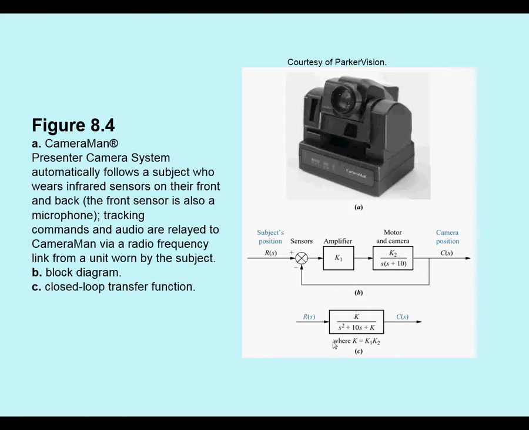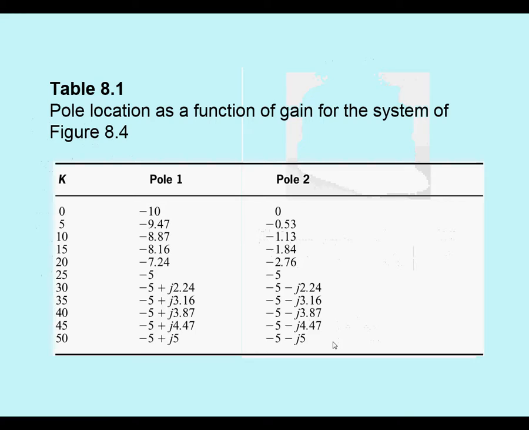So if we have an application like this, for example, we would have a transfer function like I just gave you, where you have the transfer function, which is the camera, and then the amplifier would be the gain. But you see, if we have the transfer function, we could say when k is 0, the pole is -1, pole 2 is 0, k is 5 is -9, minus 0.53.